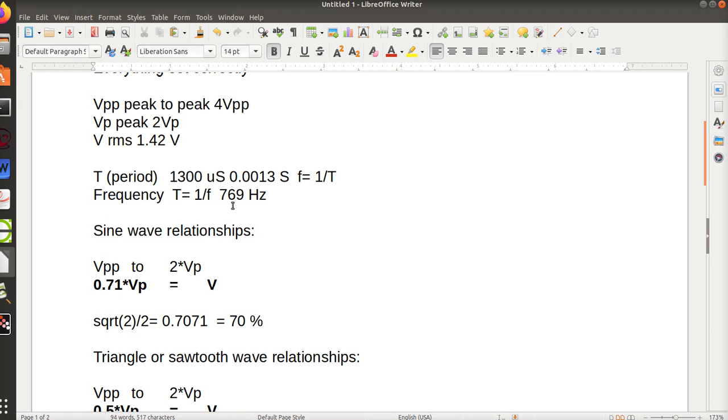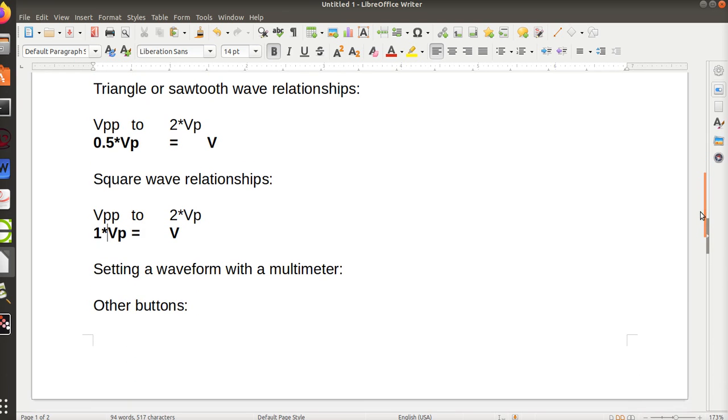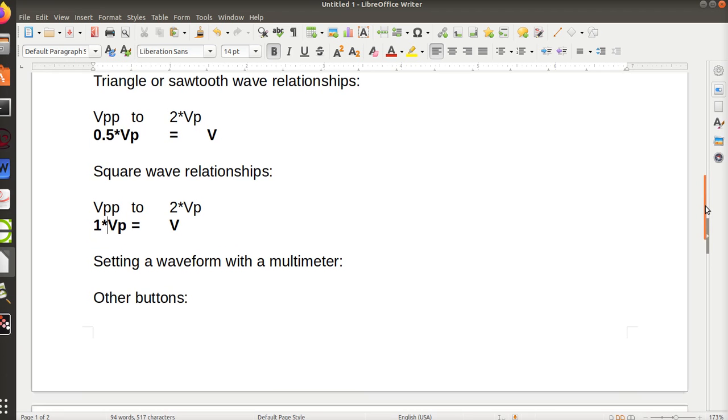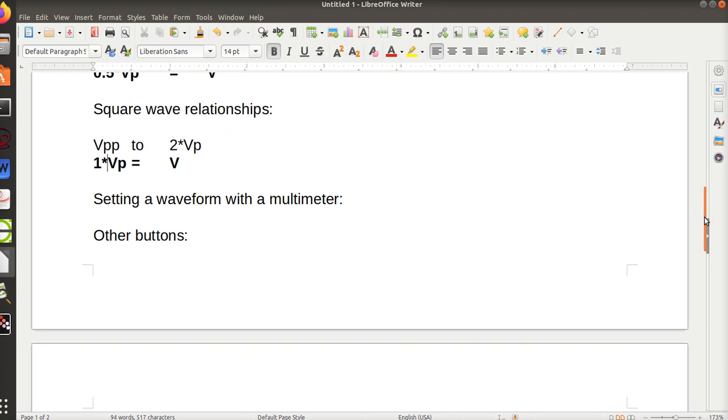So your meter would need to read 0.7, and your frequency would need to be 1,000. And so then you would adjust your function generator until your meter got the 1,000 right and the 0.7, because I said sine wave. And then you'd have a 1 volt peak, 1,000 hertz waveform. And a lot of students like doing that once they figure out how to do it. And you need some of both.